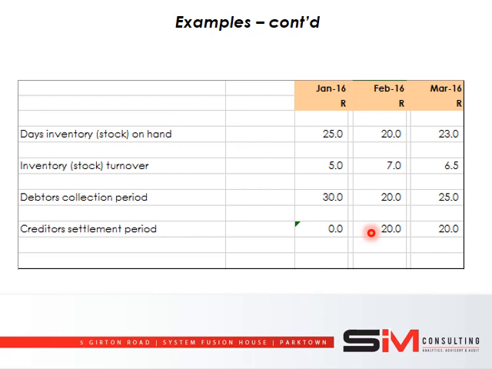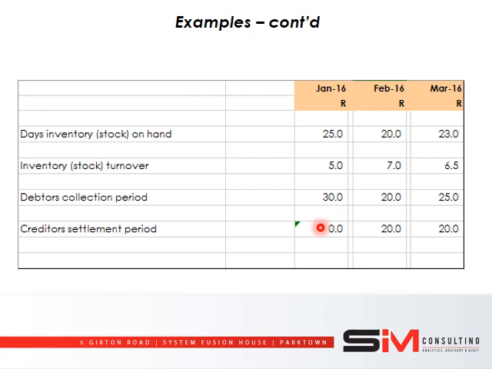Creditors settlement period. In February it took us 20 days to pay our creditors. That means we delayed our payment to the creditors by 20 days, while in January we delayed by 0 days, meaning that we paid our creditors in cash.